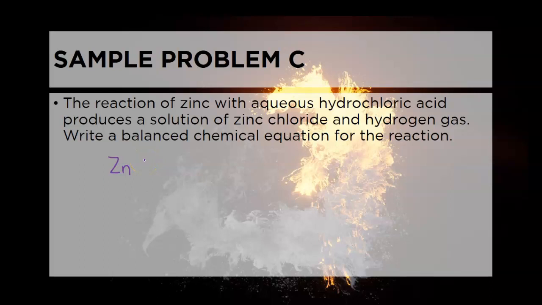Unless we're working at thousands of degrees, I'm assuming it's going to be solid, right? Aqueous hydrochloric acid. Do we know how to write hydrochloric acid? Have we worked with it enough to know that it's HCl? I know I didn't require you to learn acids last chapter, but hydrochloric acid is a common one. It's HCl.